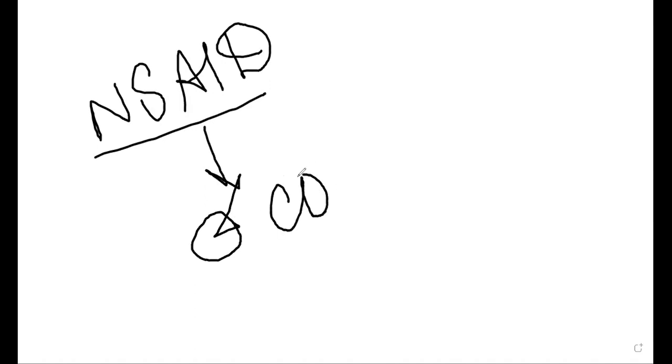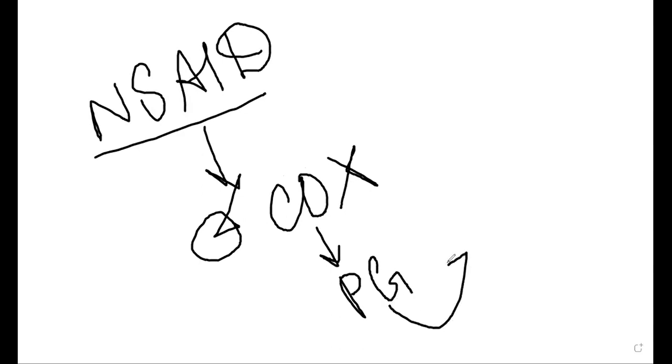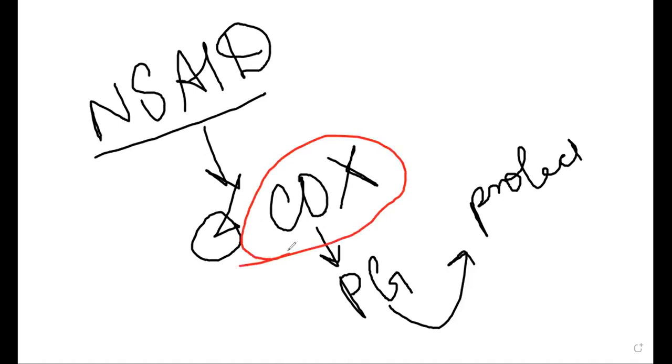When they inhibit the COX, what happens? Prostaglandins will be inhibited. Which prostaglandins? There are certain prostaglandins that are responsible for protecting the gastric mucosa against the acidic action. When you are giving NSAID to the patient, COX-1 will be inhibited.